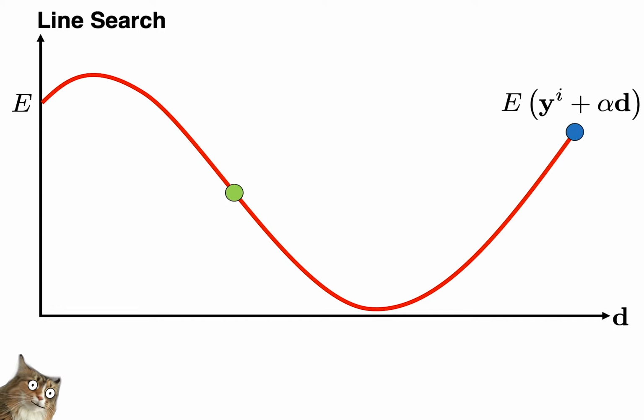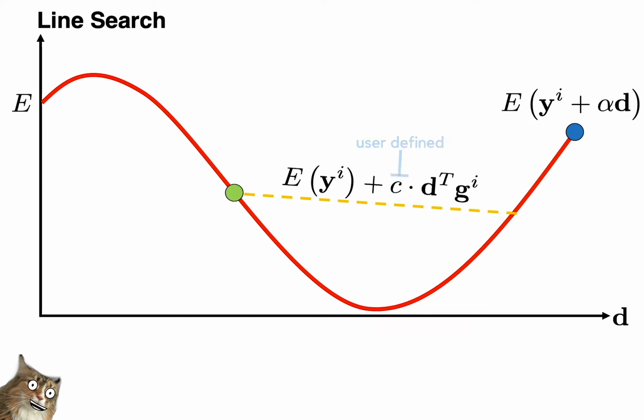Our criteria will be sufficient decrease, that our updates must always make progress towards a solution. Here we can define a decreasing linear approximation to our energy. The slope of this threshold is controlled by the user parameter c, and will accept any update that falls below this threshold.